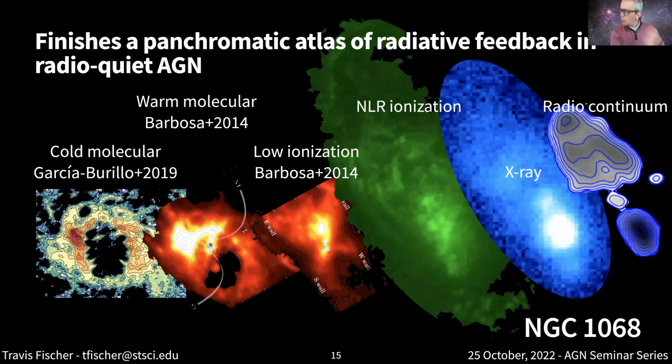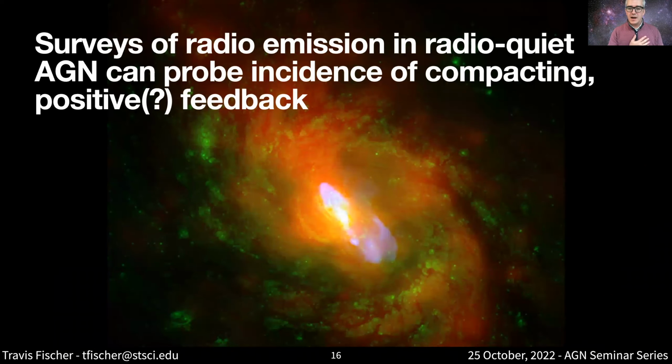If we have that whole mindset, I think it really opens the door to understanding how important AGN feedback is to the host galaxy. Specifically, I think you could use this to create a survey of radio emission in radio quiet AGN, and start trying to probe the incidence of when compacting, potentially positive AGN feedback is occurring.